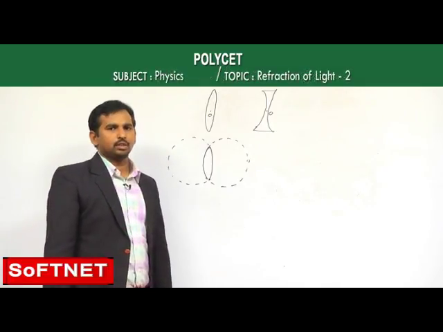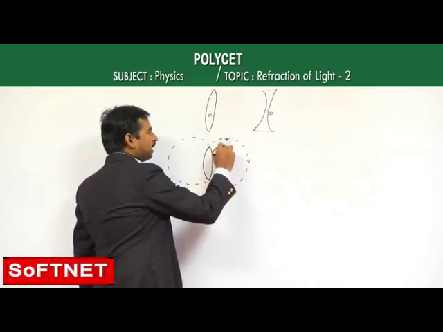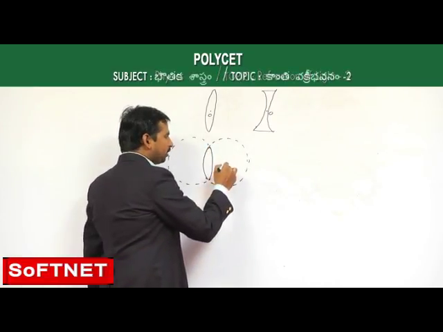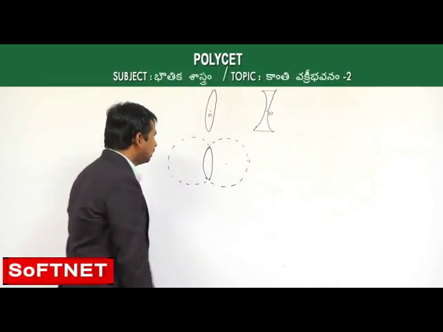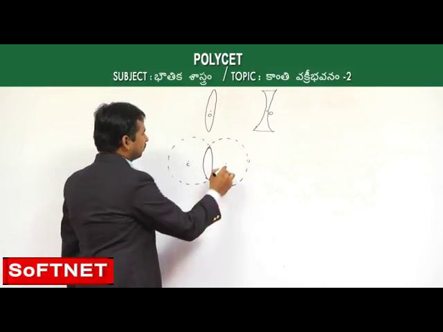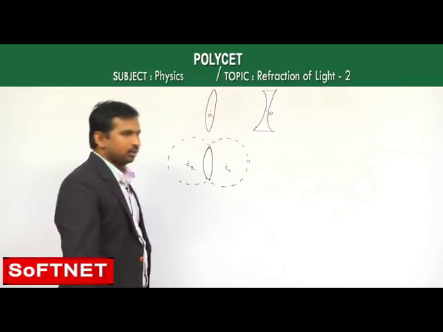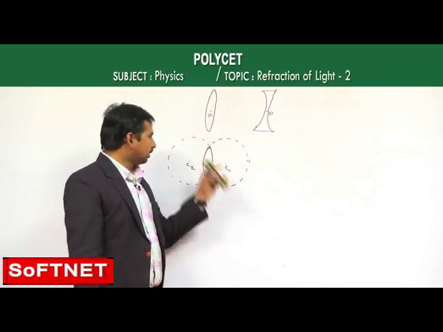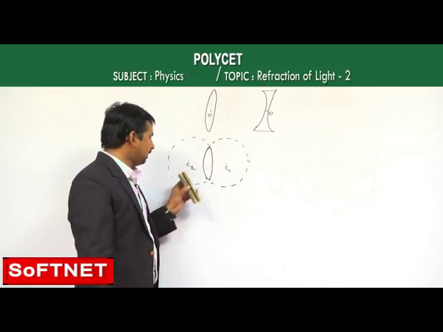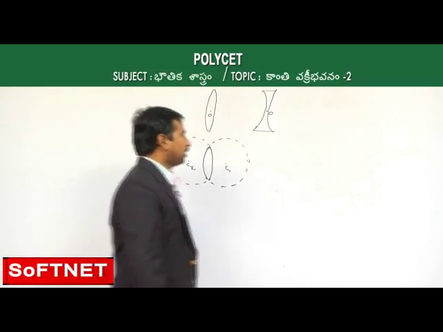Now if you imagine the glass sphere of which our lens is a part, the center of that sphere, this is C1 and this is C2. C1 means the center of curvature for the first curved surface, and C2 means the center of curvature for the second surface. This is called the center of curvature.